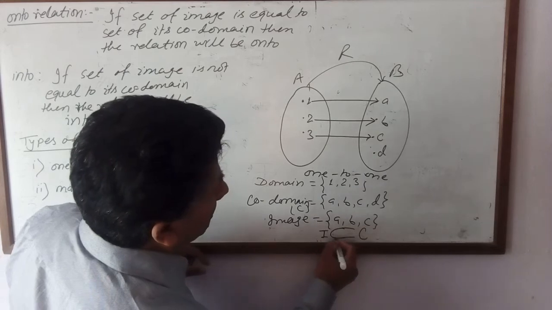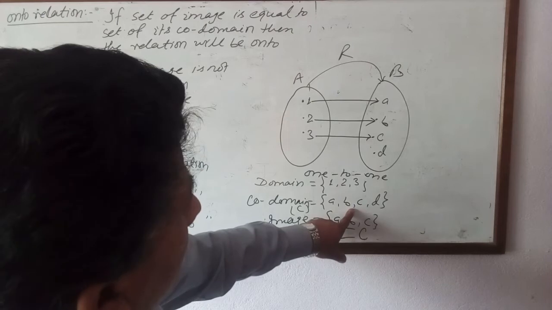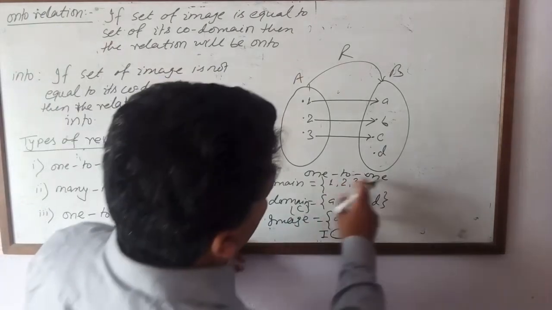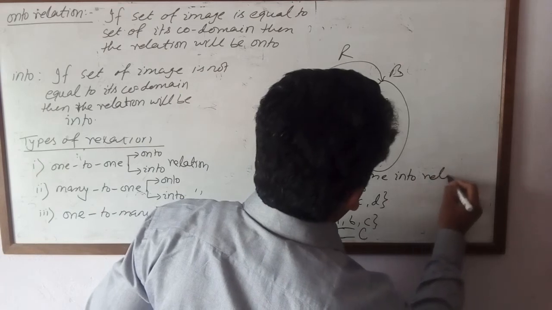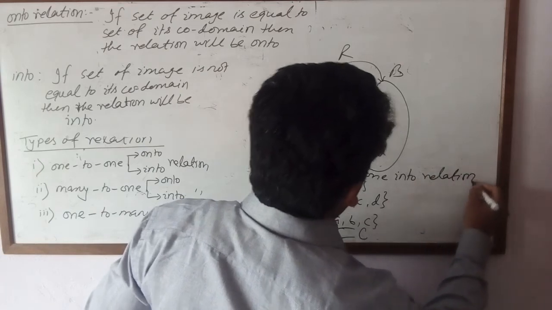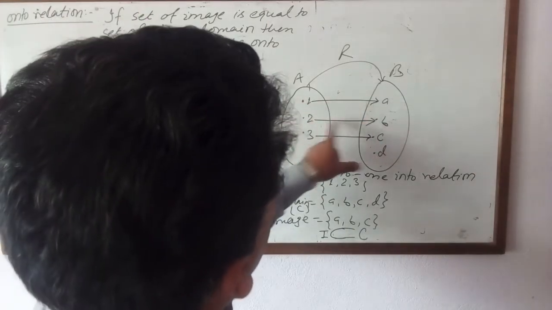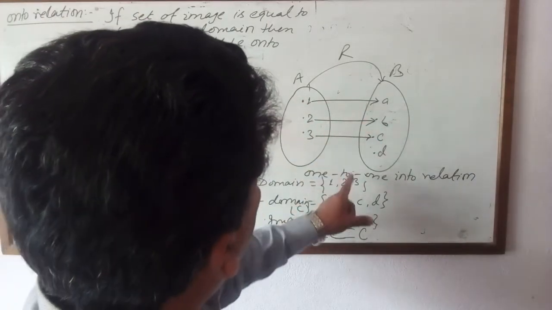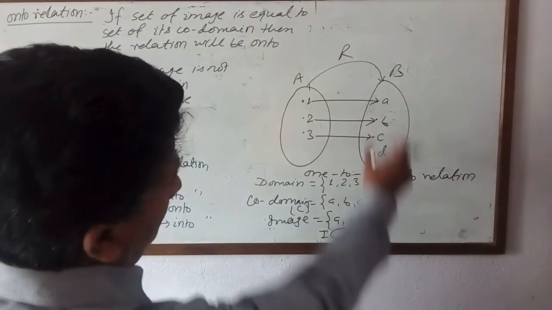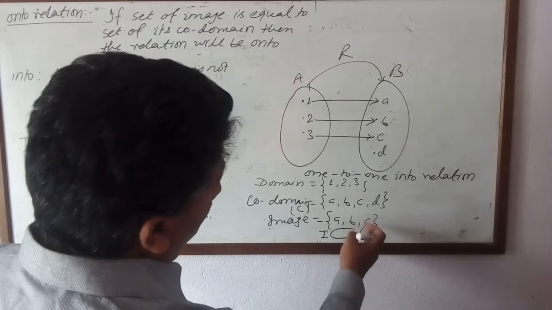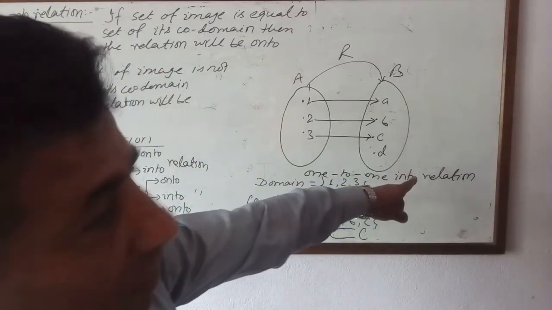It is only a subset of its codomain. That's why it is a one to one into relation. One domain, one image, but the set of image is not equal to the codomain.